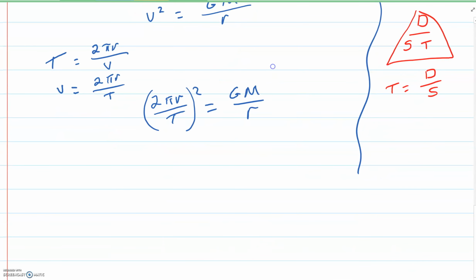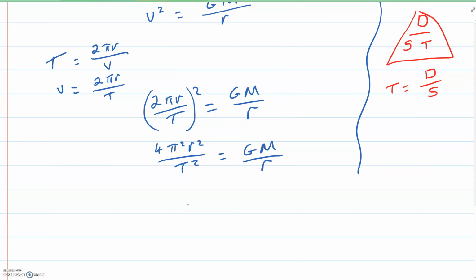And we're going to square out this side. So everything is multiplied and divided by, so you just square them out. So you get 4 pi squared r squared all over t squared is equal to large G, large M all over r.